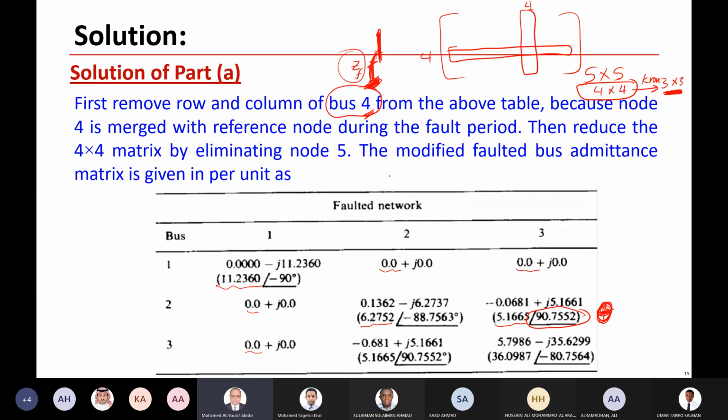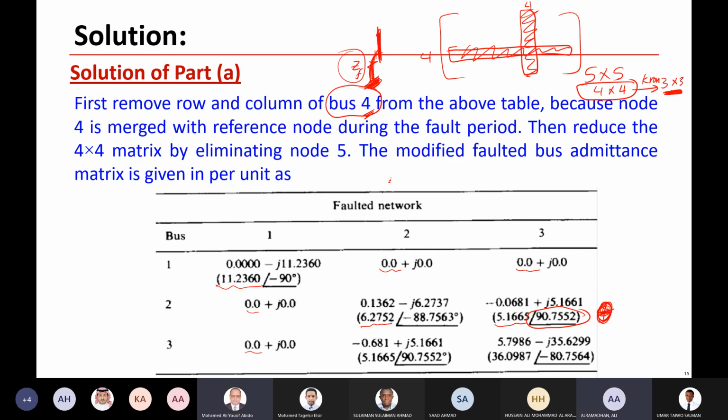In step A, we are not eliminating the two buses. And this bus now is a reference. But we remove it completely from the matrix at the beginning, without Kron reduction, without anything. You just remove it. Is it clear? Yes, clear.